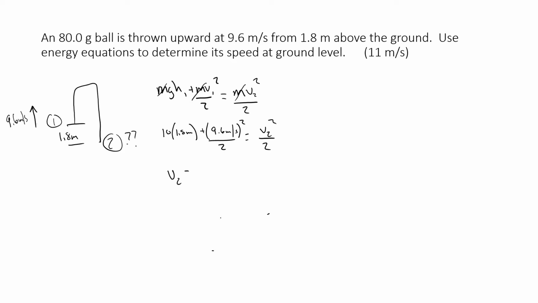Moving everything around and solving for that, you end up with v2 being 11 meters per second. Again, key there is we're just converting energy types, right? We're starting with a height and motion, which is these two here, and we're moving to just motion at the end at point 2.